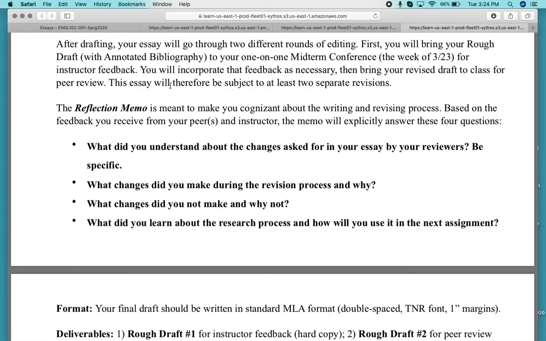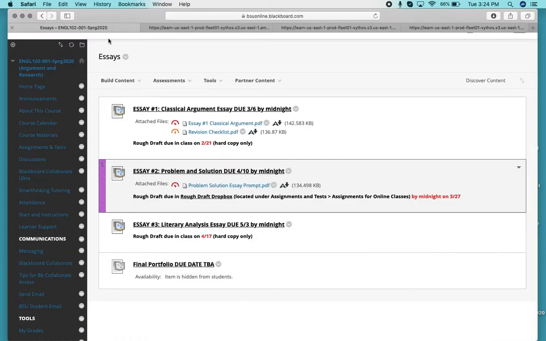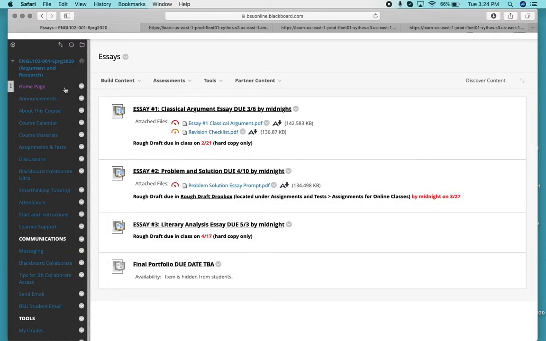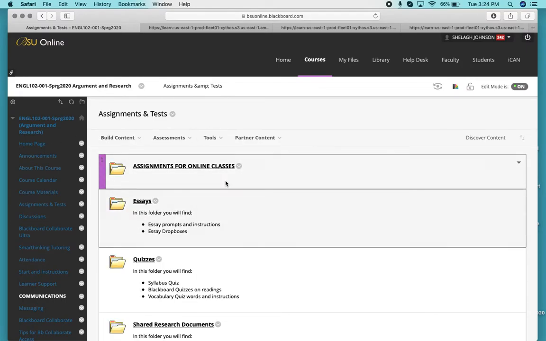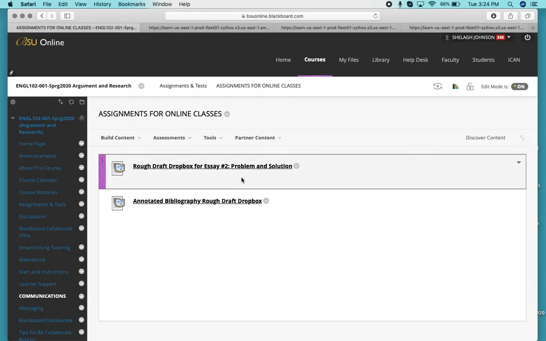One thing to note is that on Blackboard, I created this folder under assignments and tests called Assignments for Online Classes. There's a Dropbox for the rough draft of your essay, and there's a Dropbox for the annotated bibliography.